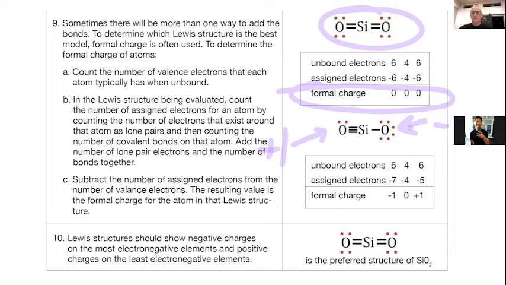It means how much was lost or gained. Lost. How many of what are lost or gained? Electrons. So basically, it comes down to how many electrons we expect an atom to have, and how many it actually has.